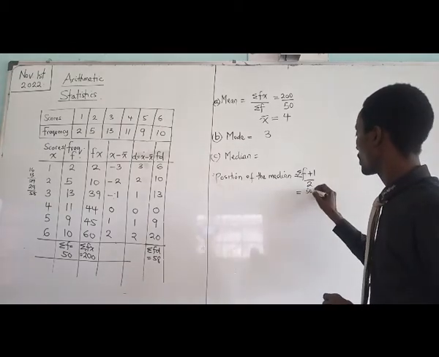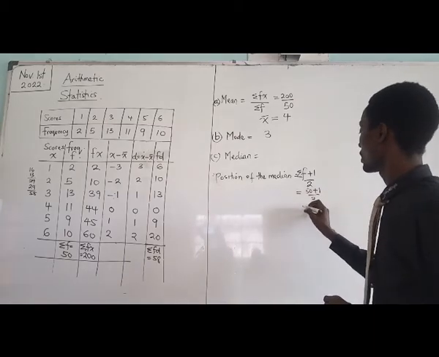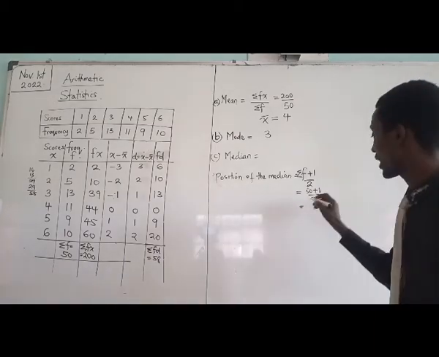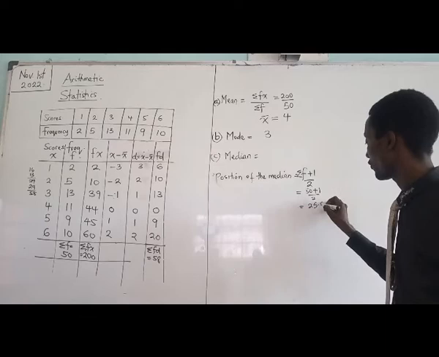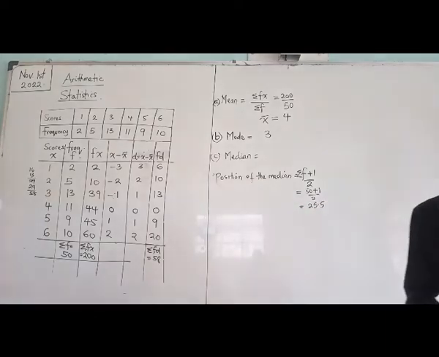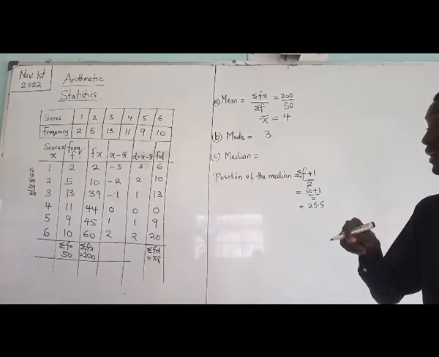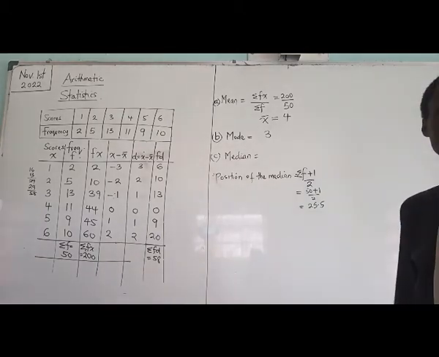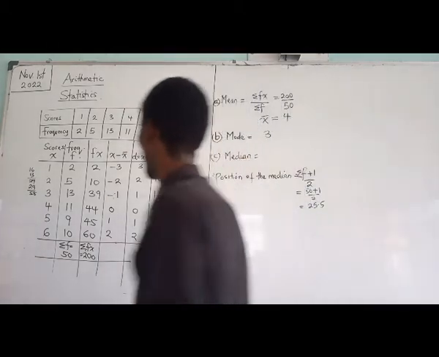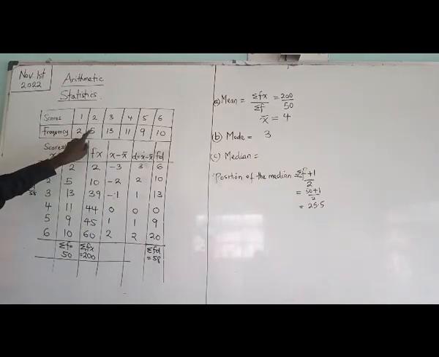So that will be 50 plus 1 over 2, and if you do that correctly, you're going to get 25.5. So the median will occur at the 25.5th position.